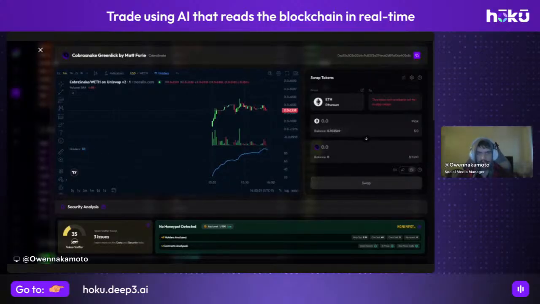Anyway, let's try to trade this thing again one more time. Cobra Snake green light.